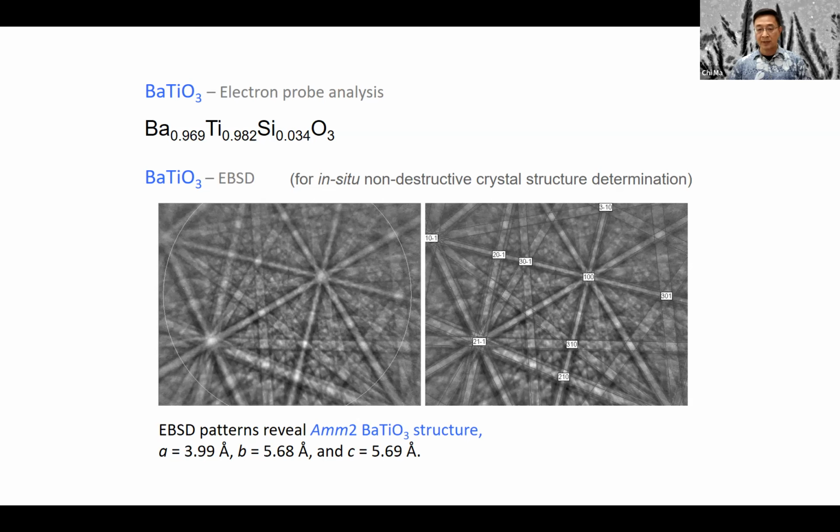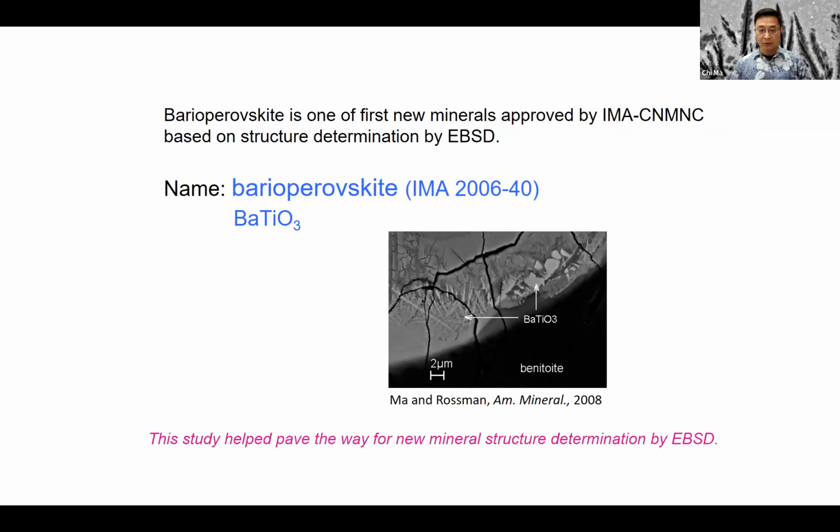So I used EBSD for in situ non-destructive crystal structural determination. EBSD shows it has an orthorhombic structure. It is one of the first new minerals approved by the IMA based on structural determination by EBSD. So this investigation helped pave the way for new mineral studies by EBSD.